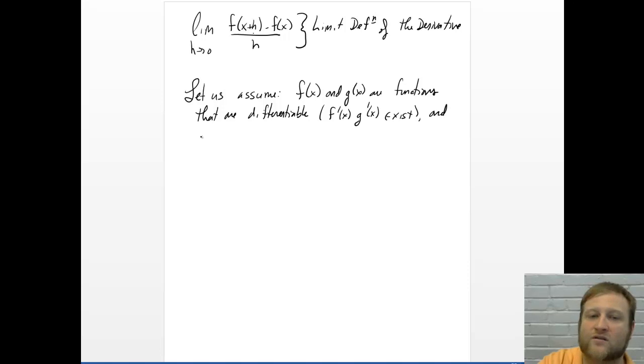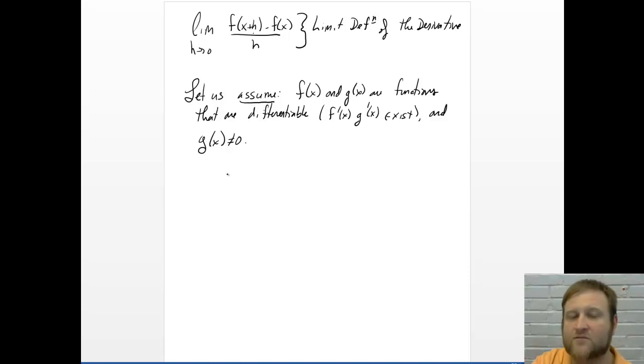And we're going to state that g of x will not be equal to 0. So this will be an important assumption that we have to state before we can go ahead and apply any of our calculus to find the derivative of a function that is rational or that contains a function divided by another function. So let us go ahead and define h of x.